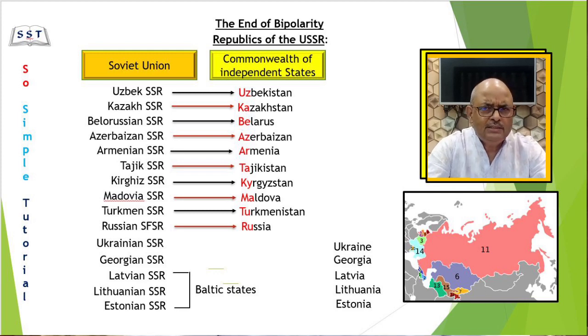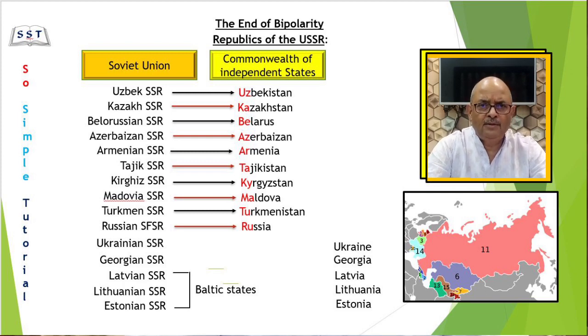Later on, other states also joined the Union, and by the final years of its existence, the USSR consisted of 15 SSRs. SSR means Soviet Socialist Republics. Let us know the names of other republics.